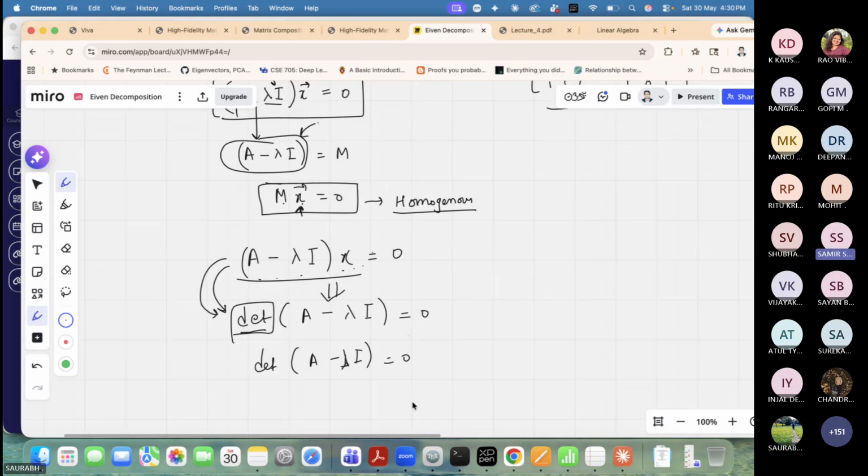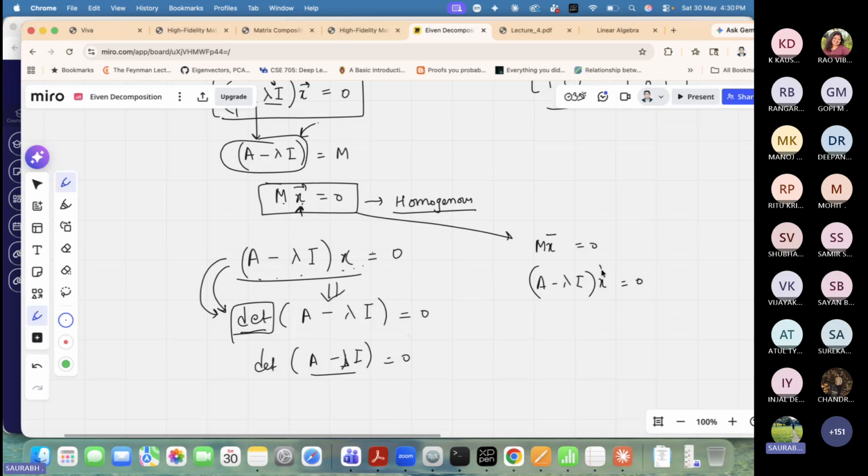Because the matrix has to collapse when you transform 3D to 2D. Exactly. The matrix is collapsing. Think, let's say not the matrix, but the input space is collapsing. See here, Mx is equal to 0, right? So basically, (A minus lambda I) into x is equal to 0.